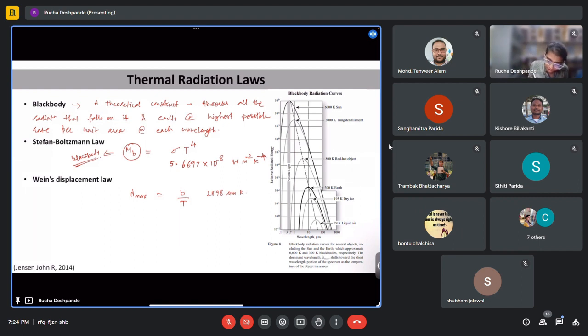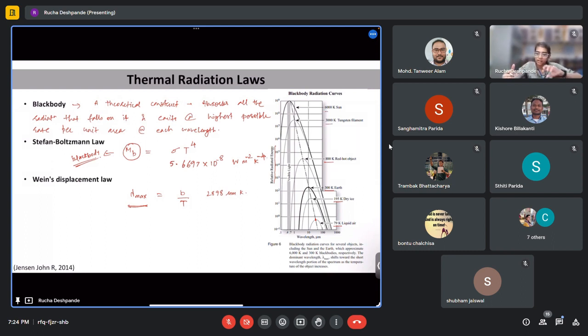Right. So here we need to understand why we need to study this lambda max. These are the relative radiant energy curves at different temperatures: 79K, 195K, 300K, 800K, 3000K, and 6000K.